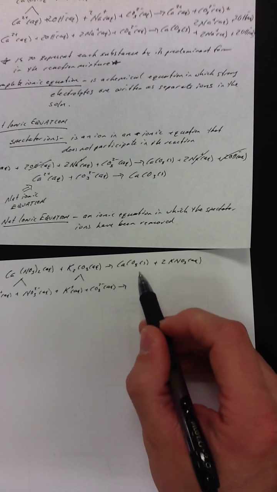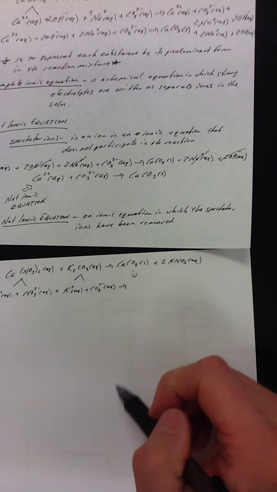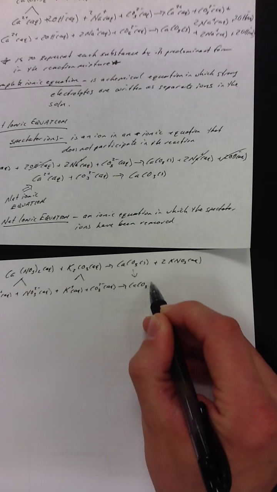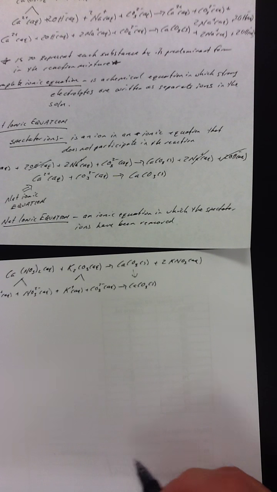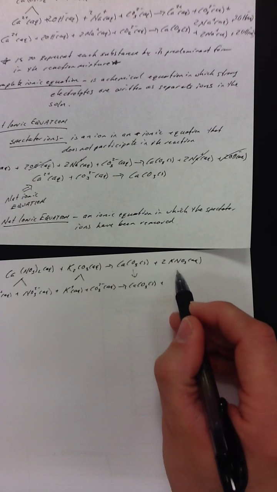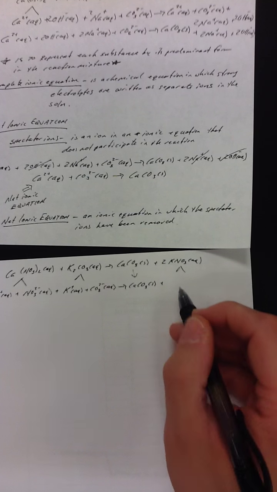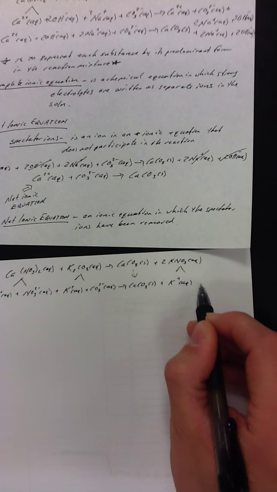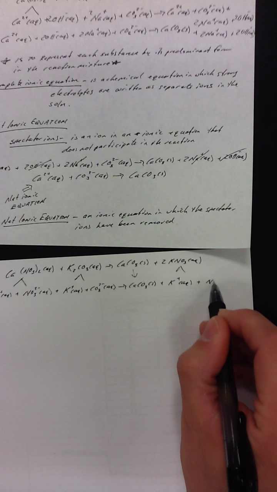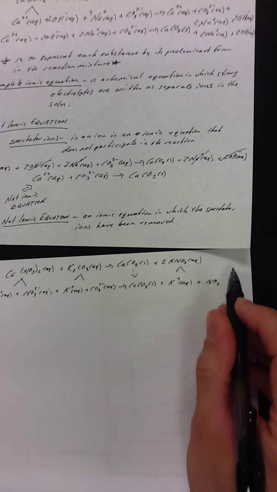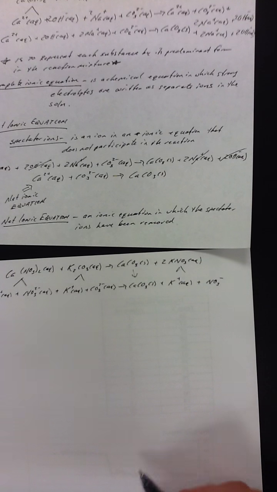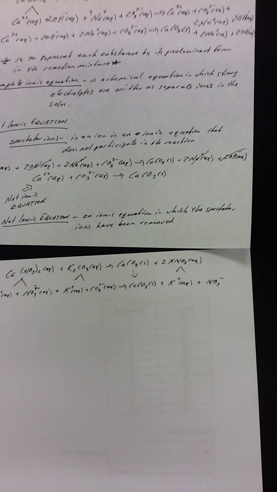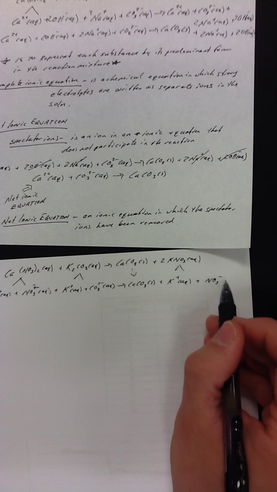We know that this is solid, or it is the precipitate, so we can just rewrite this exactly as it is. Calcium carbonate, keep the phase label solid, plus, and then we can split this up. We have K+, which is aqueous, plus NO3-. Oops, I may have made a mistake here. Minus. There we go. That's a little better. And this is also aqueous.